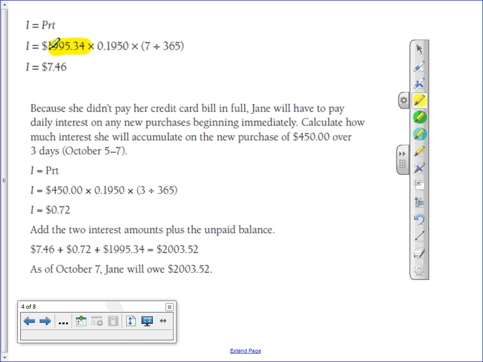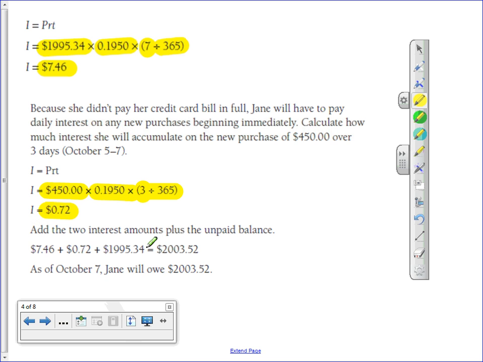So your balance times the interest rate divided by 365 times the number of days that you're late, and ends up $7.46 of interest. Plus, she ends up spending $450 more, and that ends up being 3 days before the statement. And divide that by 365, and it's another 72 cents.